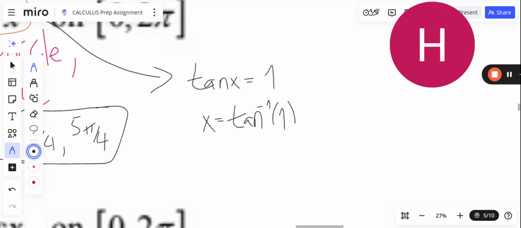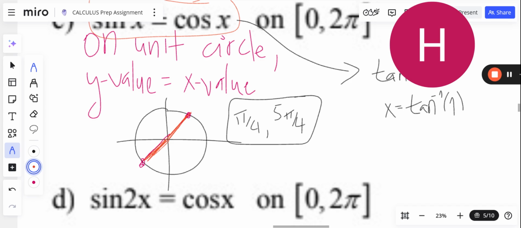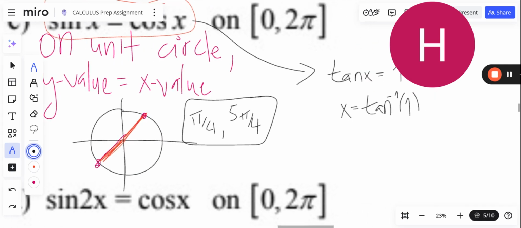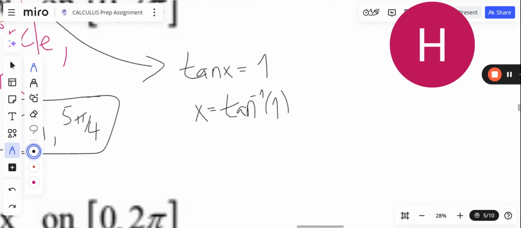So we have the tan inverse rule, which says we're going to do tan inverse. That's going to give us a value somewhere along the first and fourth quadrant, from negative pi over 2 to pi over 2. Remember these ranges of trig inverse functions that we looked at. And then we're also going to have pi plus tan inverse.